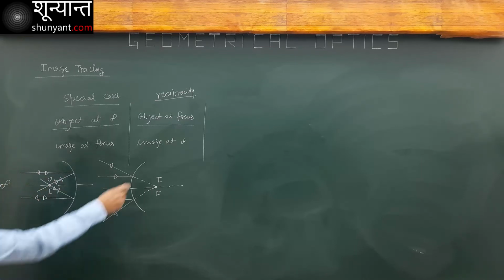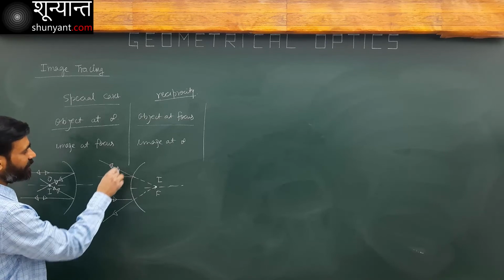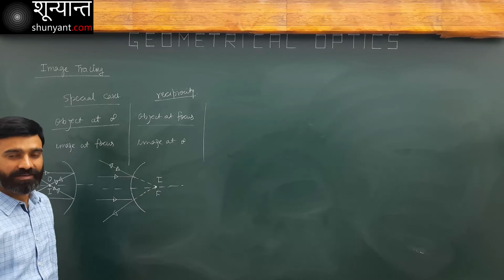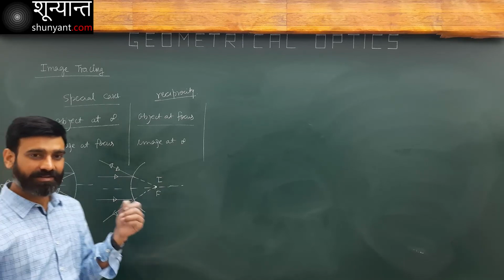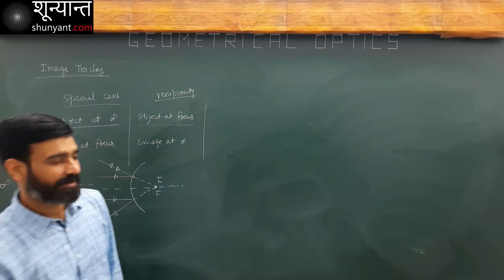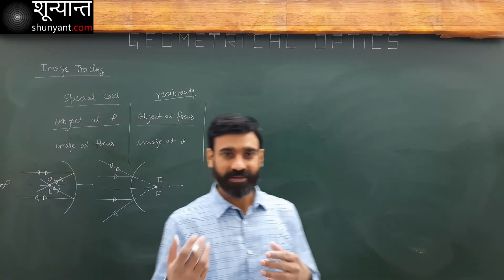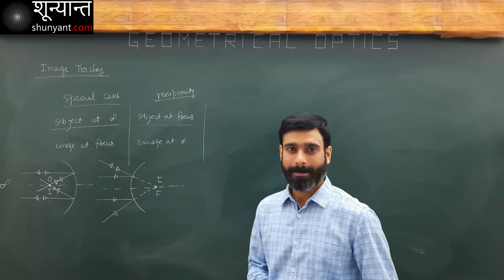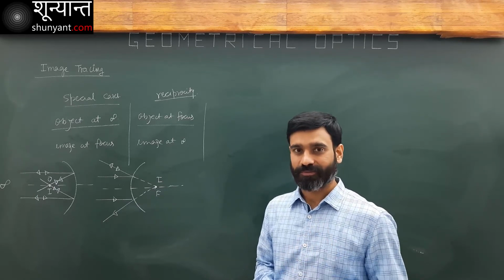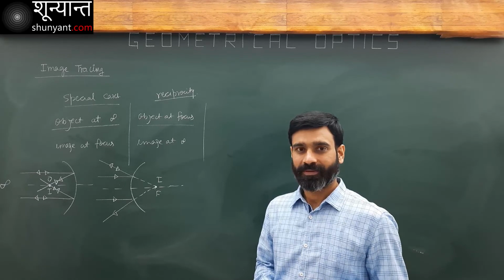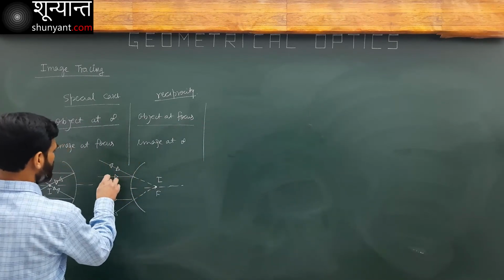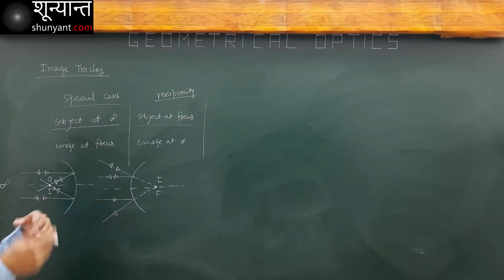This was the incident ray, this was the reflected ray, I can interchange them. That means I can interchange the object and image also. We have to remember this, and we will do some problems where this becomes evident. Here also, because of reciprocity, everything is going to be reversed.